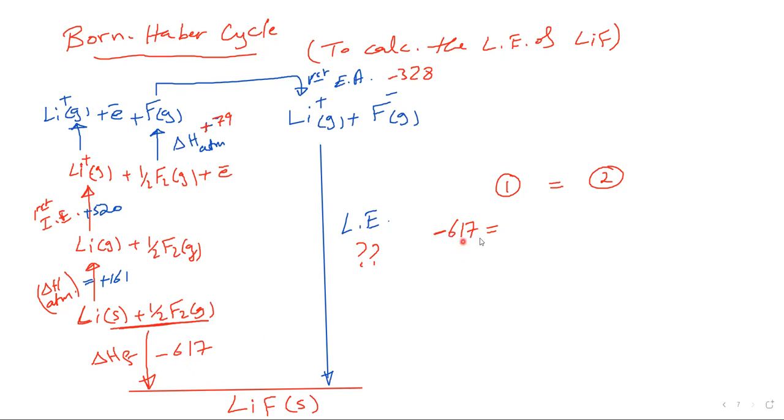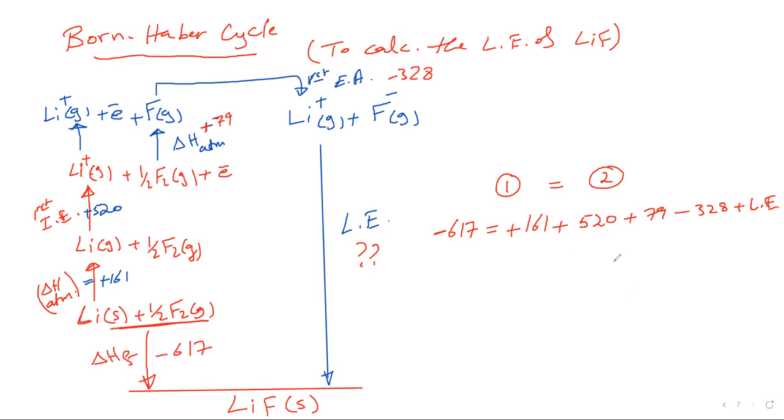So minus 617 is equal to plus 161 plus 520 plus 79 minus 328, plus the enthalpy change of lattice, or the lattice energy.